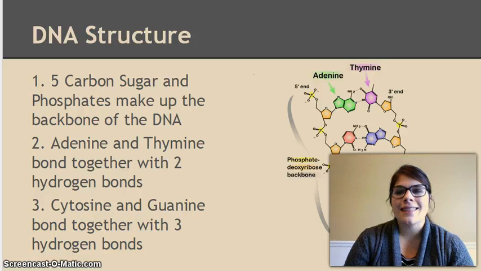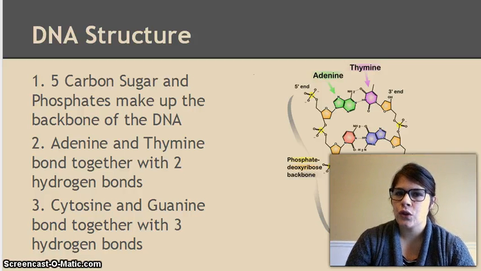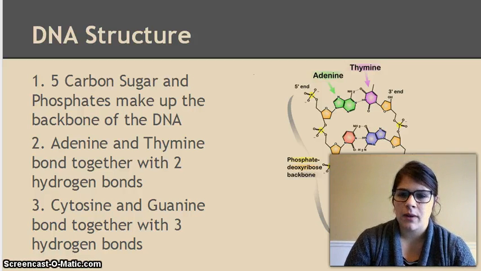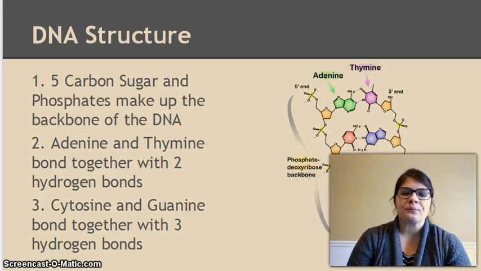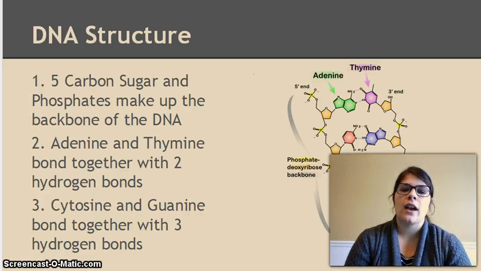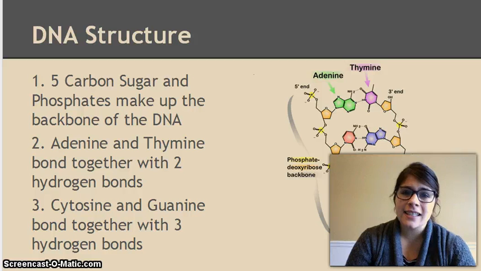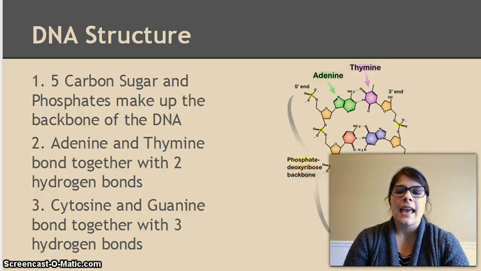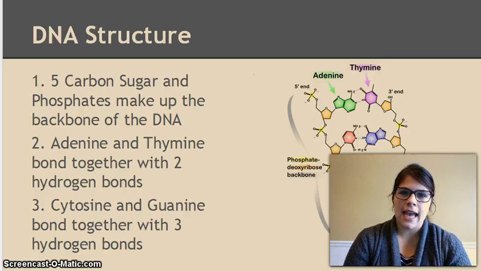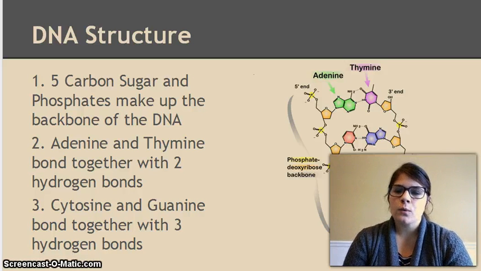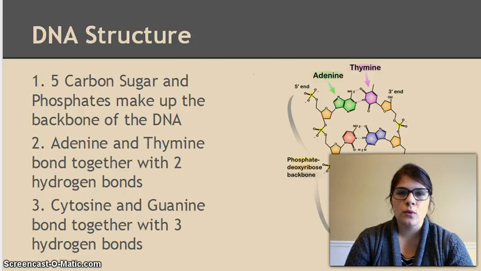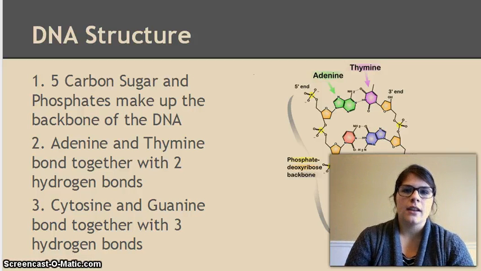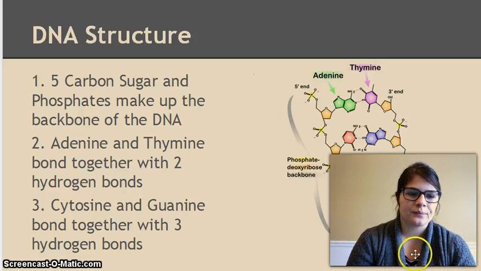Now, in adenine and thymine, you have 2 hydrogen bonds, and in cytosine and guanine, you have 3 hydrogen bonds. The easiest way I can tell you to remember this is A and T spell a 2-letter word, which is "at." So the 2-letter word has 2 bonds, and the other one has 3 bonds.